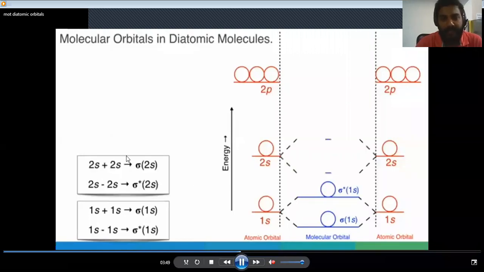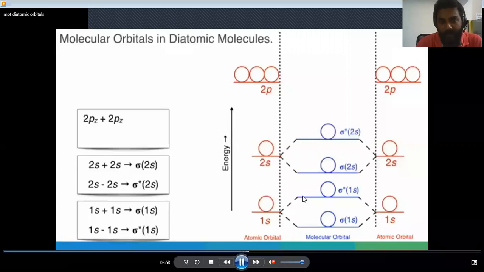Same thing we can discuss for 2s: 2s plus 2s, one electron from each atom, splitting the electrons.